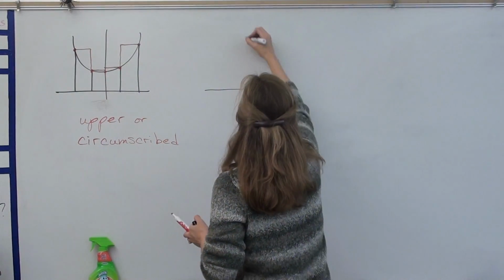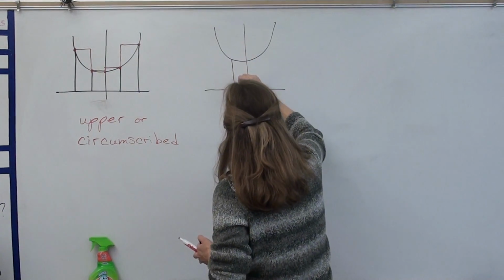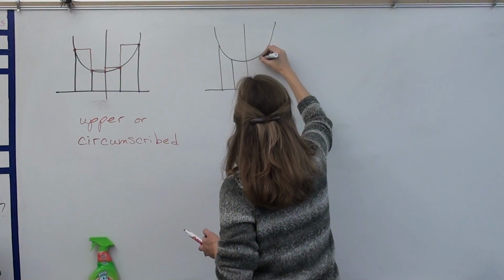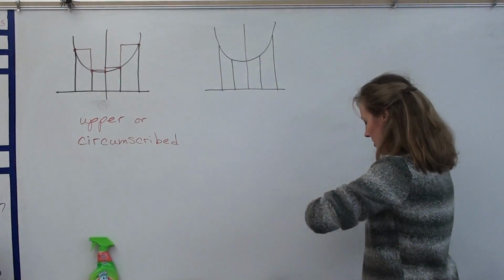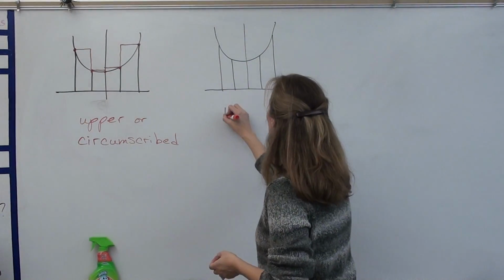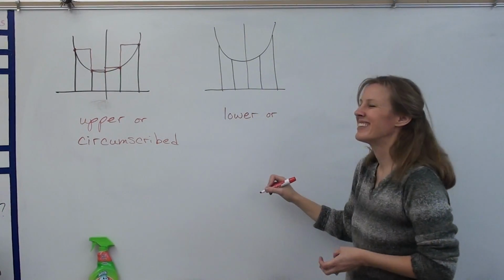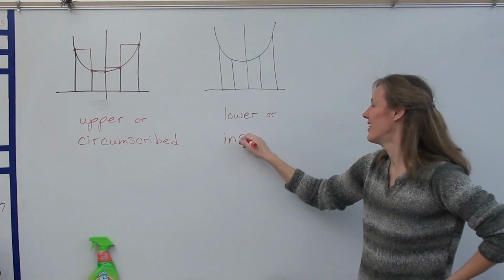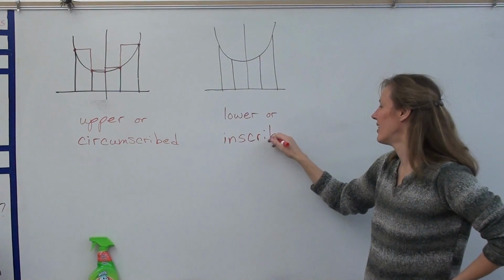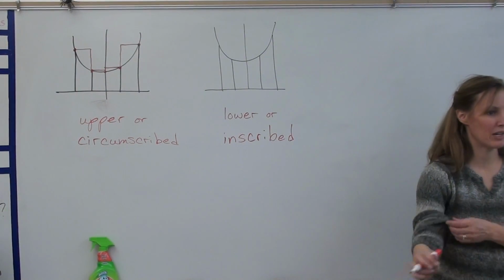Where there's an upper sum, there's a lower sum. Anyone know the opposite of circumscribed? Uncircumscribed. Not. Inscribed. Lower or inscribed rectangles.